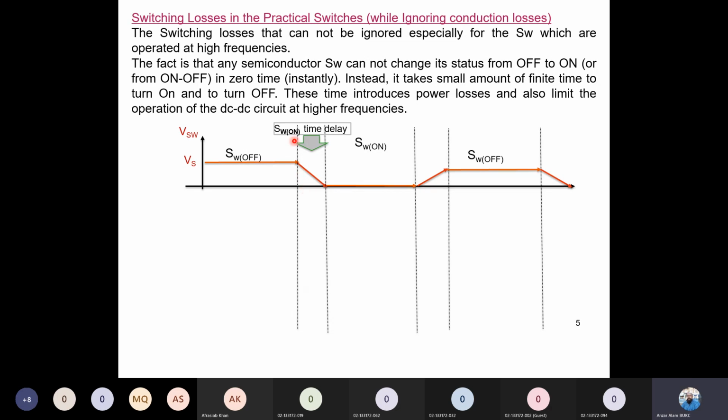Why is it switch on? Because the switch was previously off and now you want to move from off to on state. At this point you turn on the base current so that the transistor turns on. That's why this time is known as the switch on time delay, and the other is the switch off time delay.